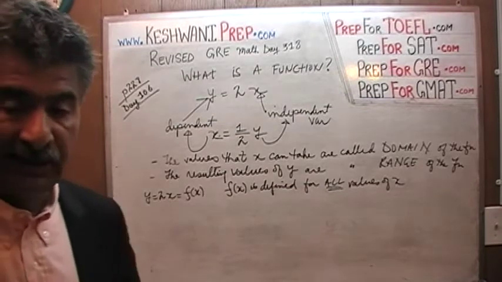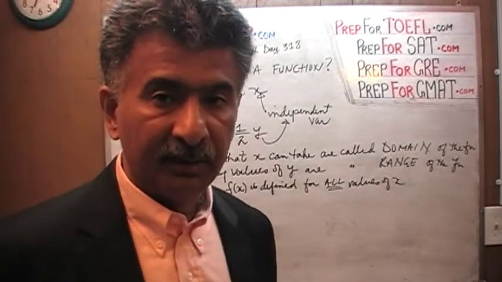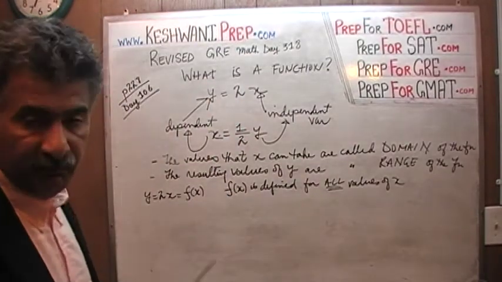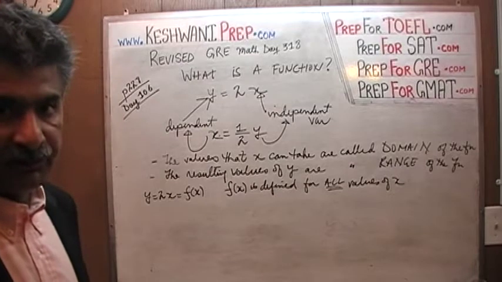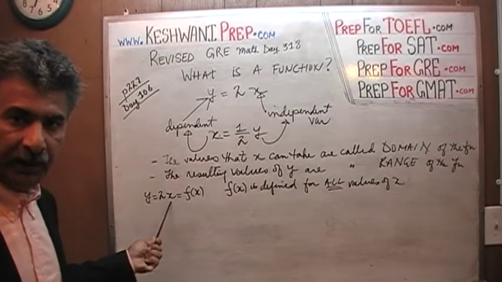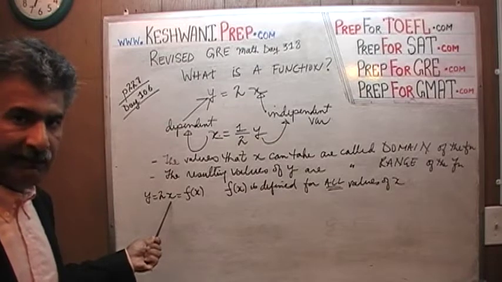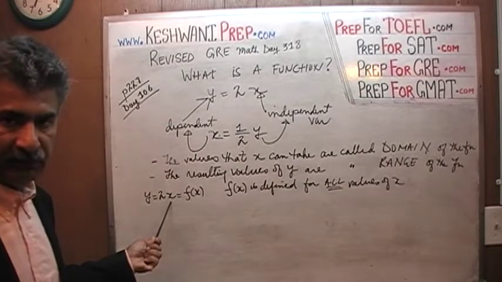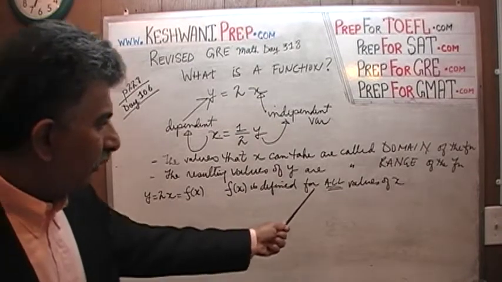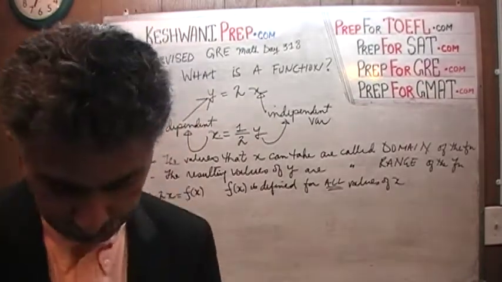Now that is not always the case. Sometimes there are instances where for some value of x, you'll have trouble finding the value of y. We'll come to that in a second. But in this function, x is allowed to have any value it pleases. The f of x is defined for all values of x.